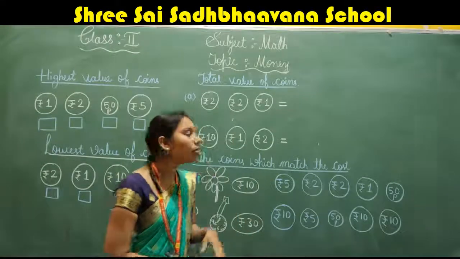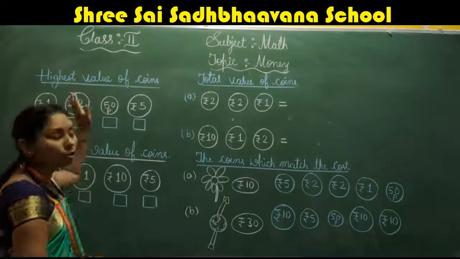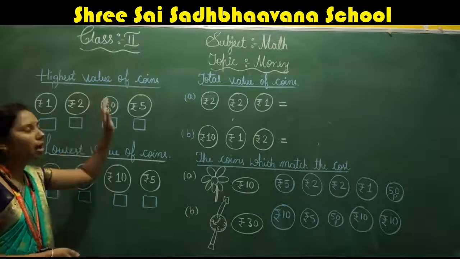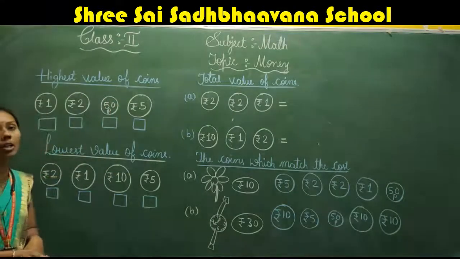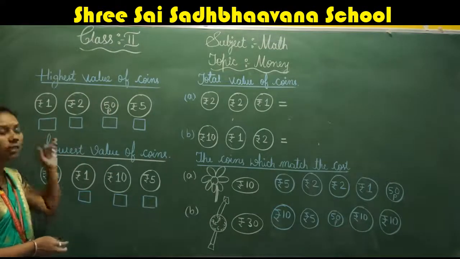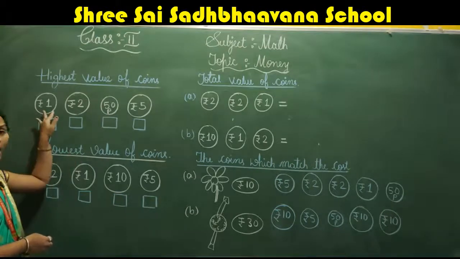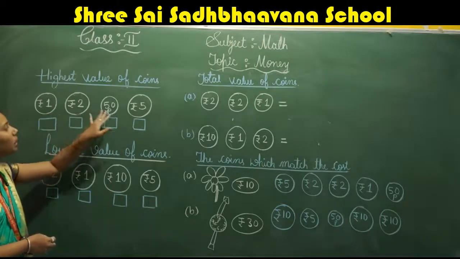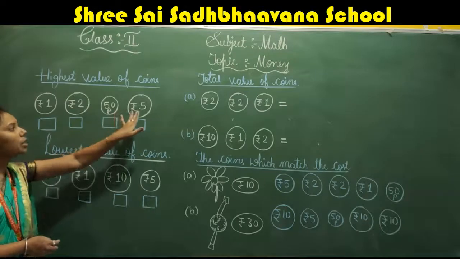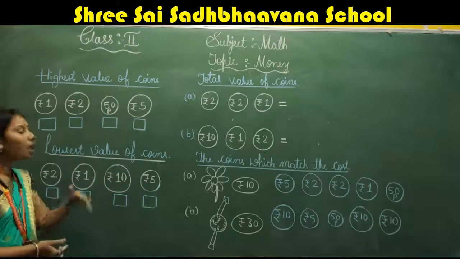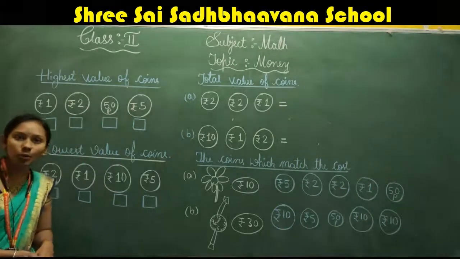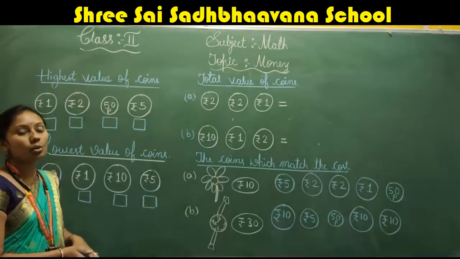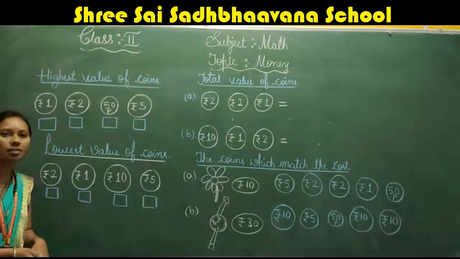Okay, children. Now let us do this. You have to find out the highest value of the coins here. They have given the coins of rupee 1, rupee 2, 50 paise and rupee 5. Among these coins, you are going to take the coin which has the highest value.